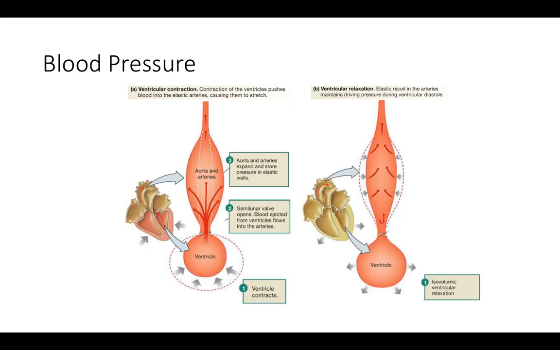The ventricle then relaxes, and the semilunar valve closes, but that blood that's now in that artery is going to get propelled forward because now that elastic tissue recoils back and pushes the blood forward into the rest of the circulatory system.